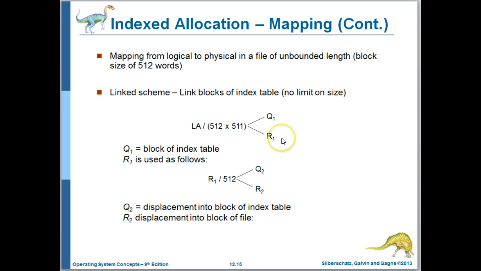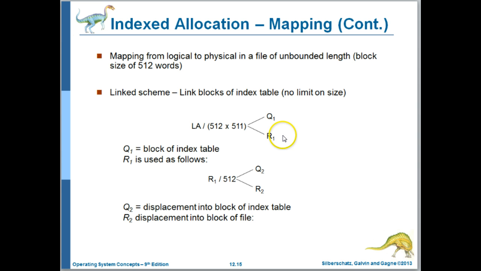The remainder then is going to contain both the index within that index block as well as the byte offset.